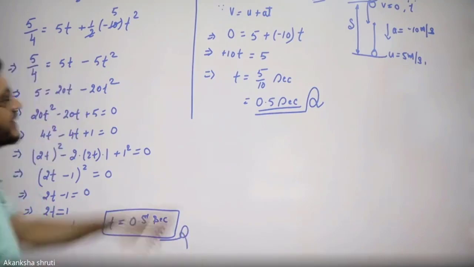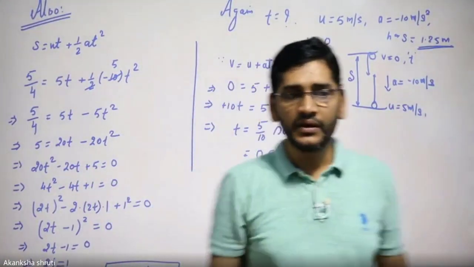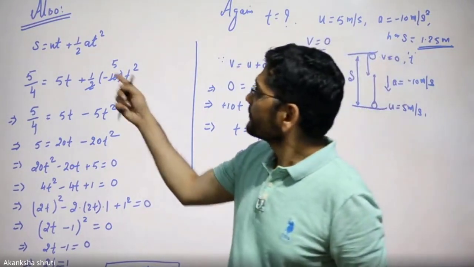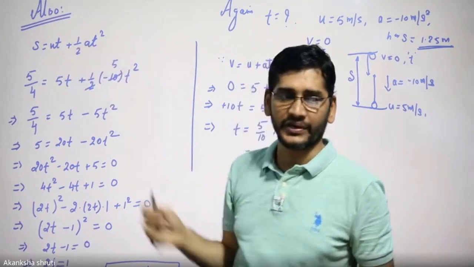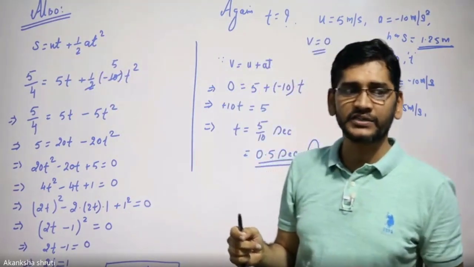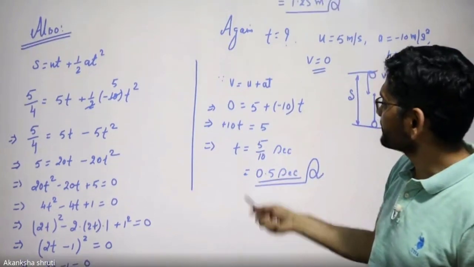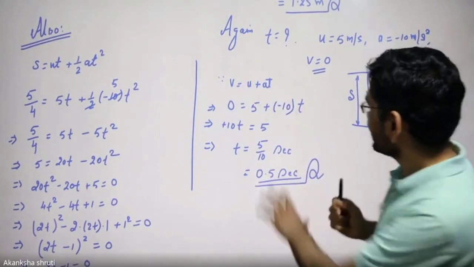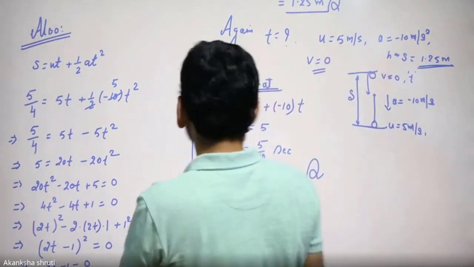We are getting the same answer. Okay, students. So that's why we are observing that, even knowing the quantities, the unknown can be calculated from any of the three equations. But the smart thing is that you must apply the equation by which you can calculate easily. See here, by applying v is equal to u plus at, we can calculate t very easily.